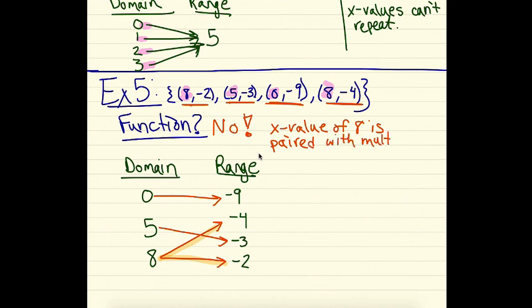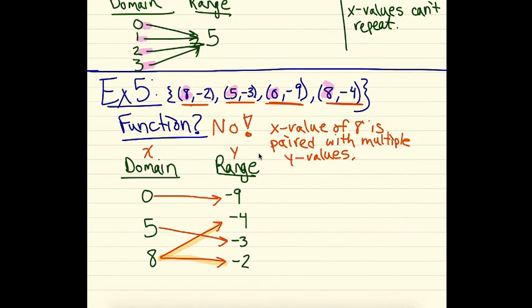It's paired with multiple y values. Remember, domain is your x values, range is your y values. So, because that value of 8 is going to 2 different y values, -2 and -4, this is not a function.